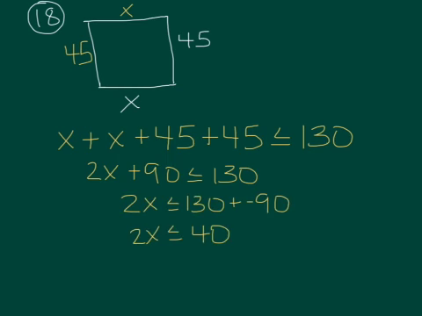So I moved my 90, and it's 130 plus negative 90, and I simplified that, and I've got 2x less than or equal to 40. Now I'll divide both sides by 2. So x has to be less than or equal to 20 in order for the perimeter to be less than or equal to 130.